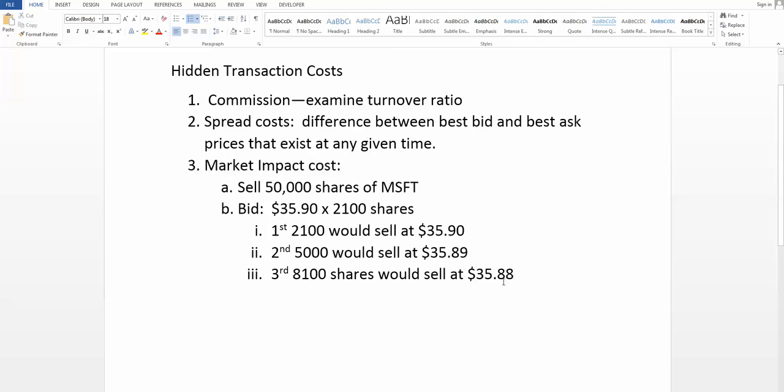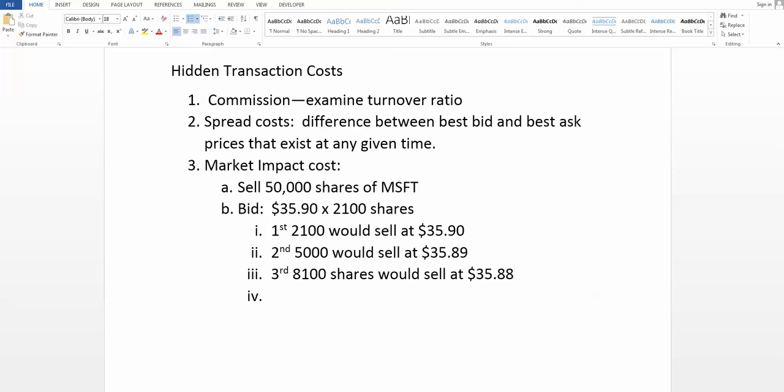And it works on the buy side too. If I'm trying to buy 50,000 shares of Microsoft, I would look for the cheapest ask price. Once I bought all I can at that cheap ask price, I have to go to the next cheapest ask price, which is going to be a little bit higher because I'm buying.